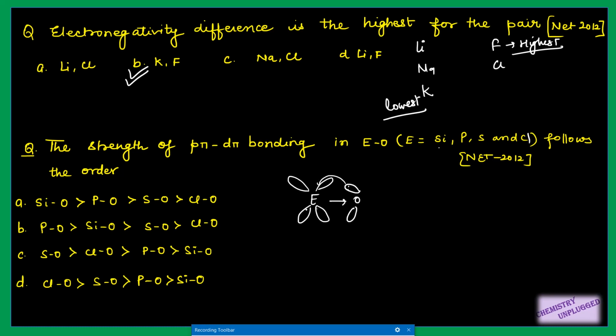So if the electronegativity of this E is higher, then it can easily pull electrons towards it. And when this back bonding increases, strength will increase. So out of all these, highest electronegativity is for chlorine. So option D will be correct. Means ClO, SO, PO, then SiO. Option number D will be your correct answer.